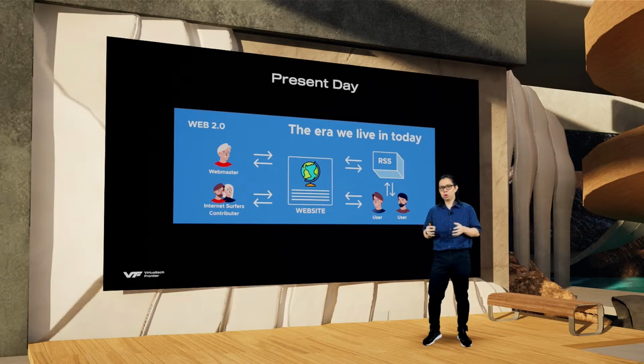Back to Web 2. One of the things that you need to note, the differences between Webs 1 and 2, is in Web 2, the world that we live in today, sure, we have the Instagram, the TikToks of the world, but you have to realize that in this world, a lot of the tools are free, and the only reason they are free is because we are trading our data for it.